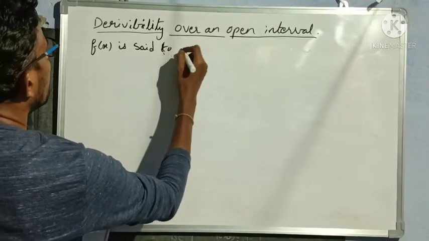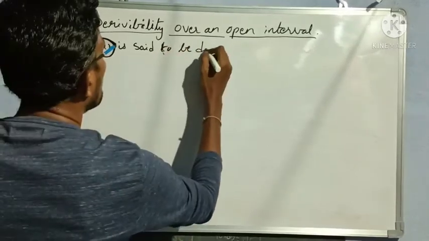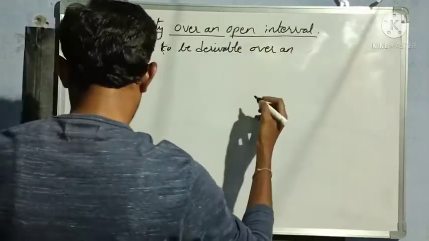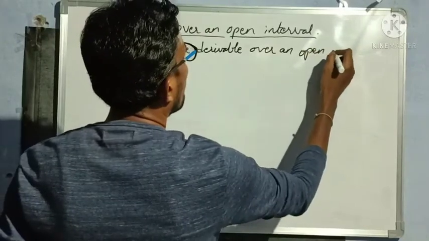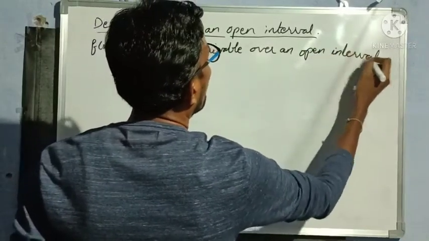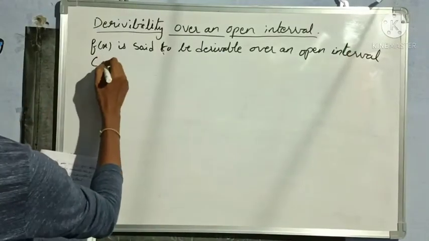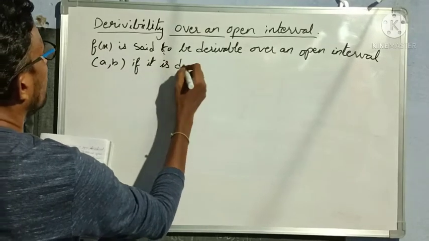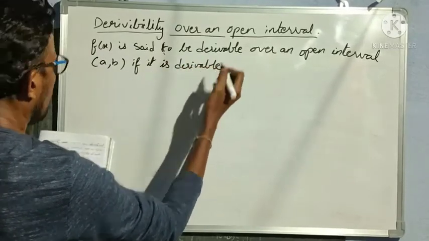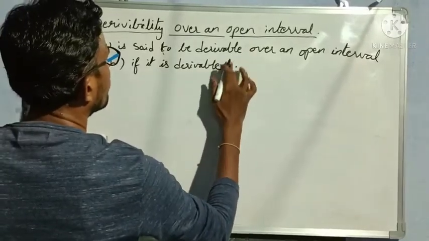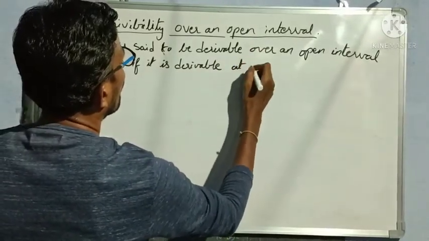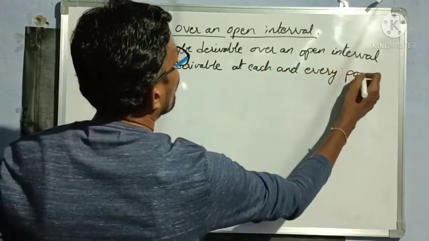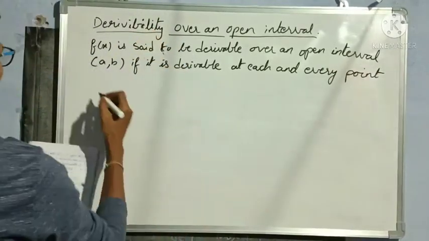This is said to be derivable over an open interval a comma b if it is derivable at each and every point of the interval.